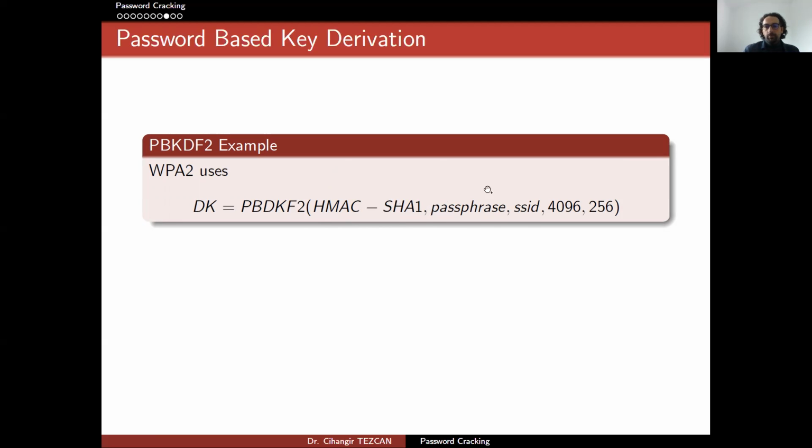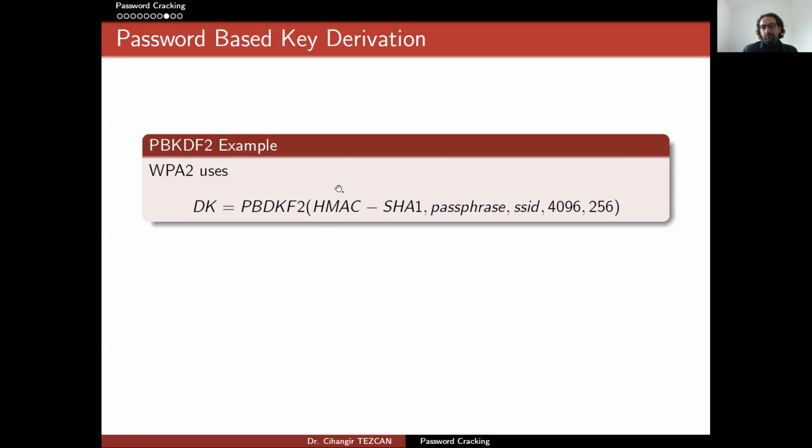And your passphrase, remember that when you use Wi-Fi, you choose your SSID and password. So these are going to be used for the SHA-1 input. So as the message and the key for this HMAC, you take these two values.